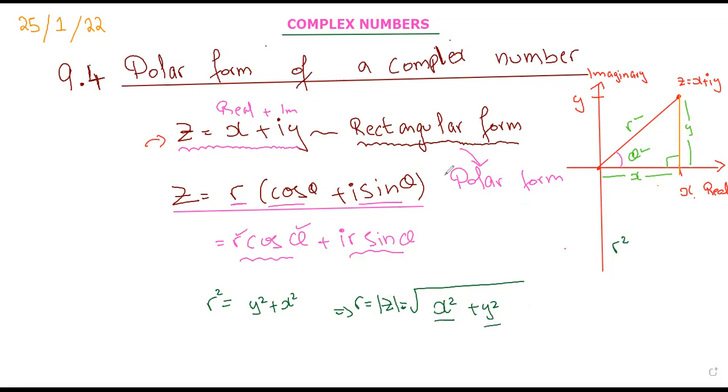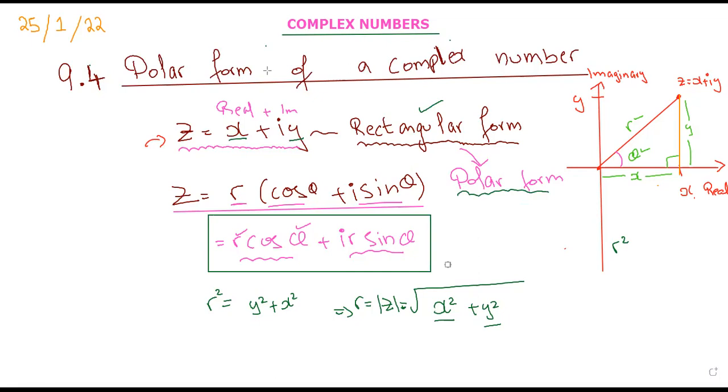I repeat, you would have your rectangular form which has x and y. And now you are interested in finding out the polar form, okay? So this is your polar form. What do you have in your polar form? You have r, you have theta.